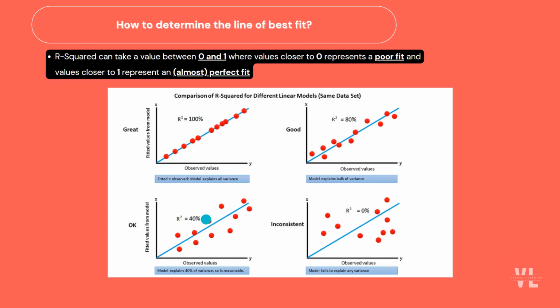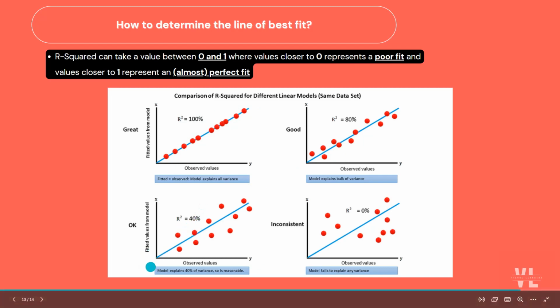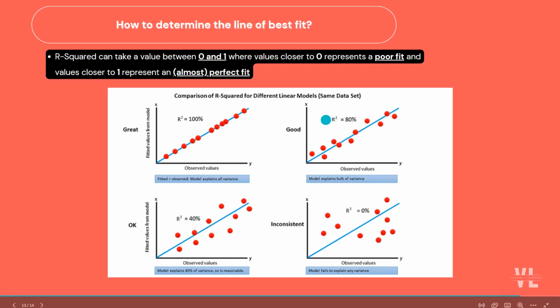Another case might be that the R squared value will be 40%, which means that the model explains only 40% of the variance, so it is a reasonable performance. Or you might get an R squared value of 80%. In this case, the model explains the bulk of the variance when compared to 40%.